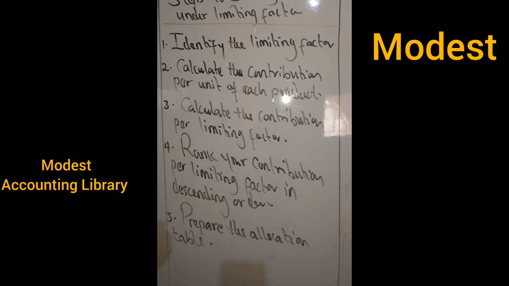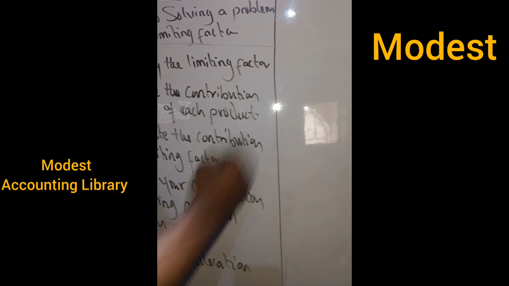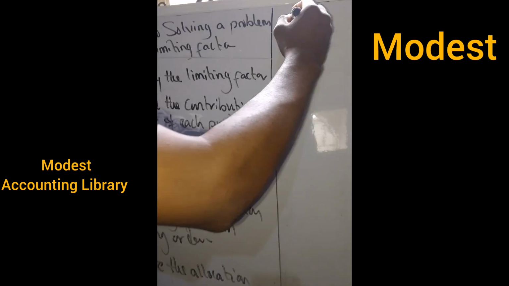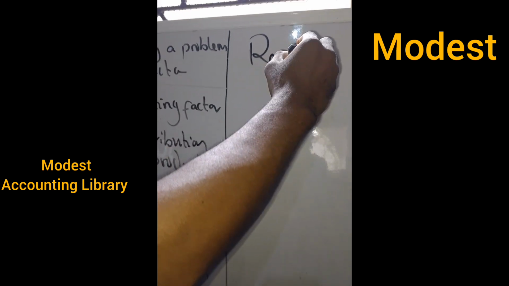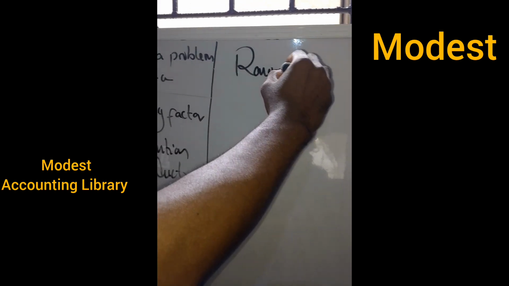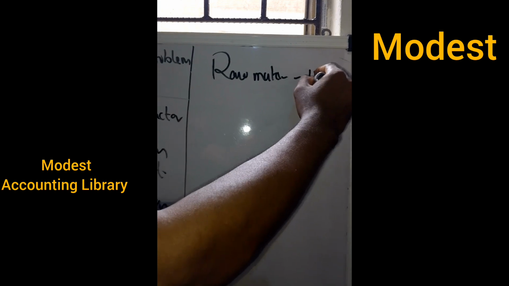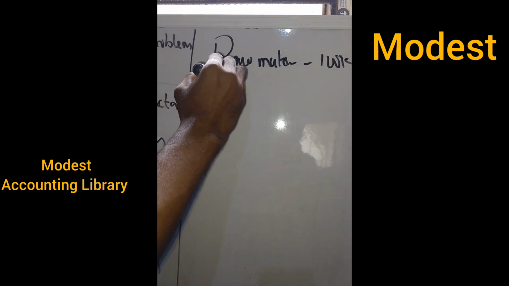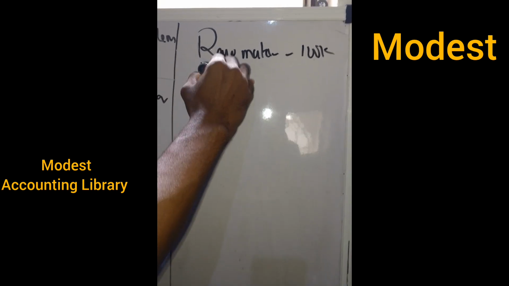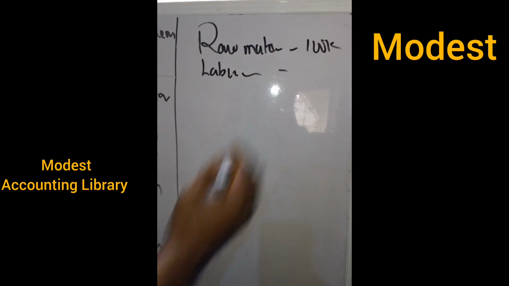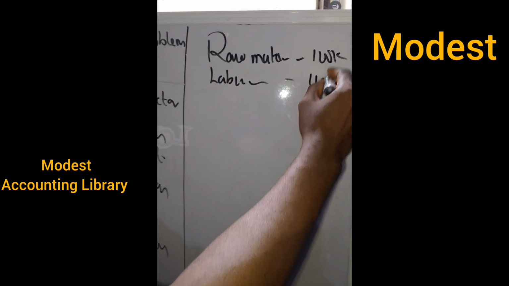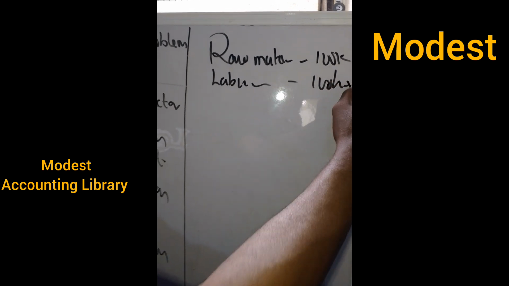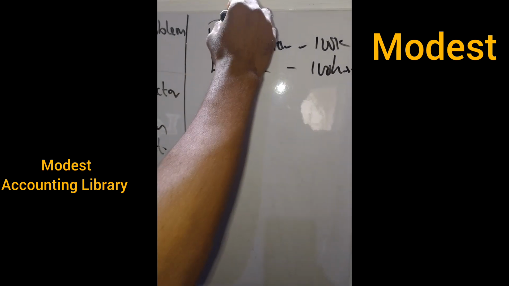Let's take for example, in the production process we require raw material of 100 kg and labor of 100 hours.